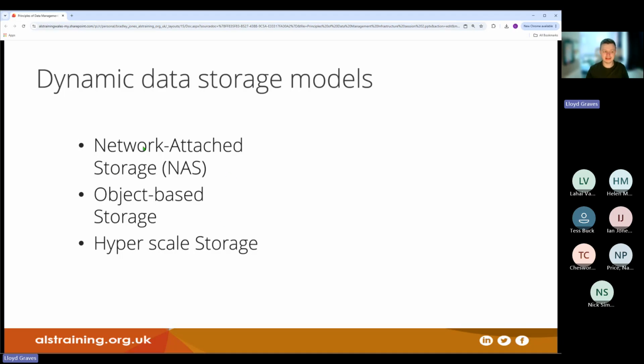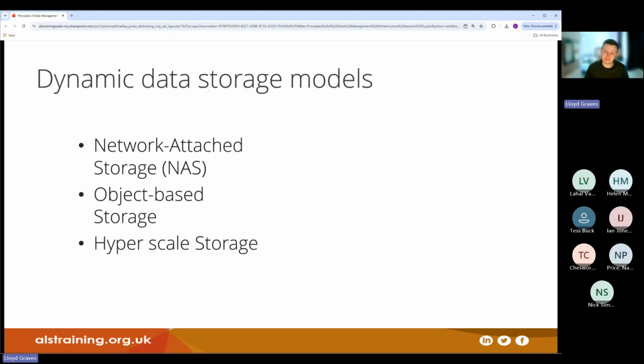It would be difficult to have a network attached storage that's also hyperscale. I don't know what the best way to explain it is. You can't have both at the same time, and I'll explain why, but it's theoretically possible, I guess, is the best way to explain it.